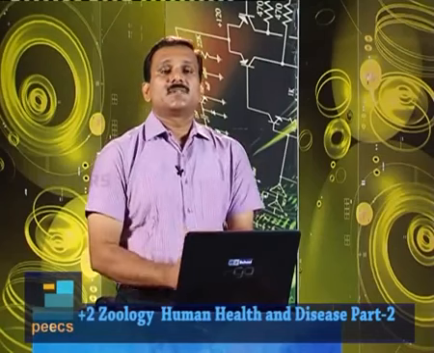What about the T cells? T cells are produced from bone marrow, but they will be matured in the thymus gland. So, both of them are produced in bone marrow, but the maturation site is different. The region where these cells are produced and matured is called the primary lymphoid organ.